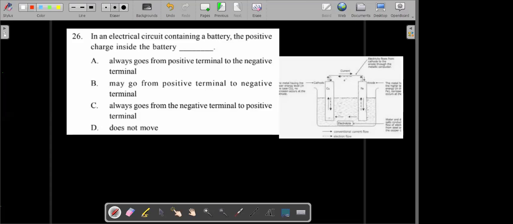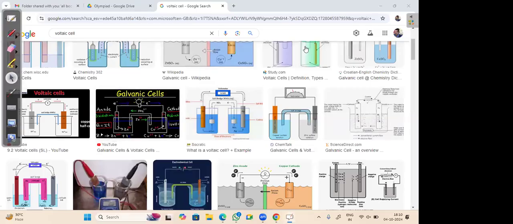Got it? So it is option D, does not move. The positive charges do not move inside the battery. Inside the battery, there is no movement of charges.